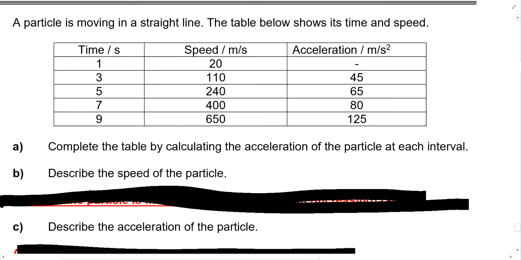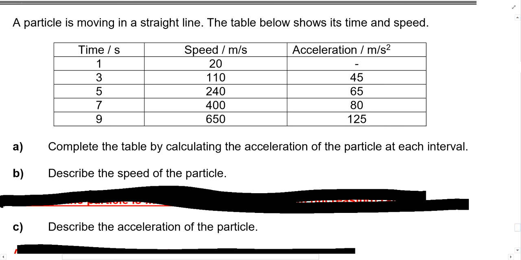Next. Complete the table. So as shown, do your self-marking. And describe the speed of the object. How should we describe the speed? Let's talk about the value of the speed.